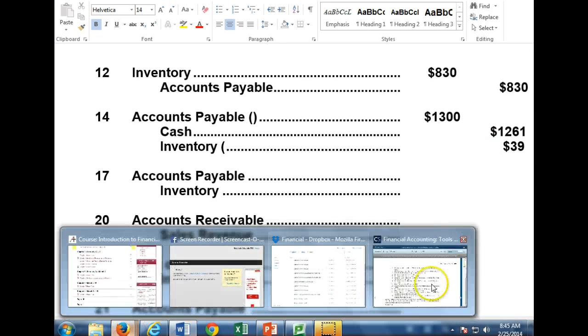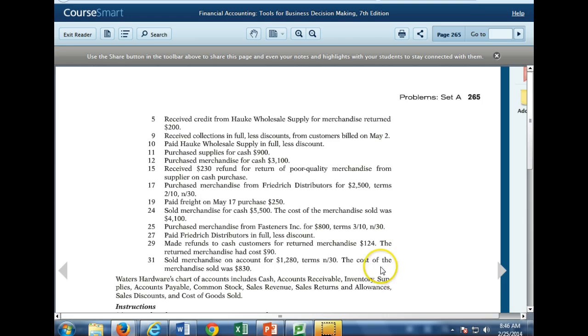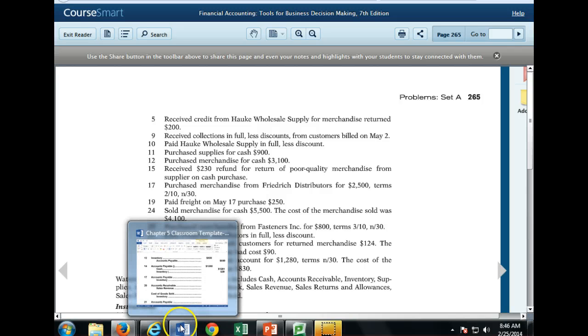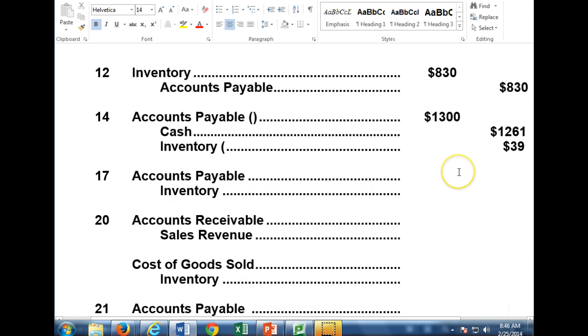on the 17th, who wants to read this one, guys? I'll read it and someone can help me. Purchased merchandise from Frederick Distributors for $2,500. Terms 2/10, net 30. So we purchase the merchandise, but we don't record any discounts until we are paying the bill.